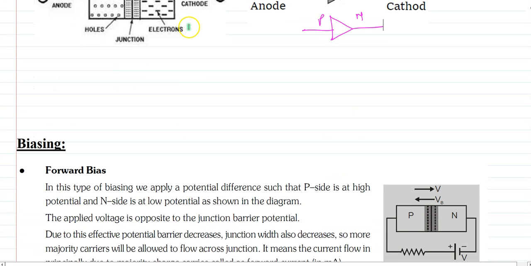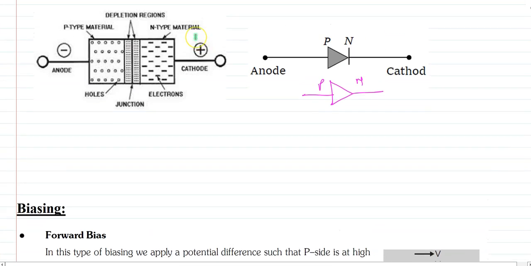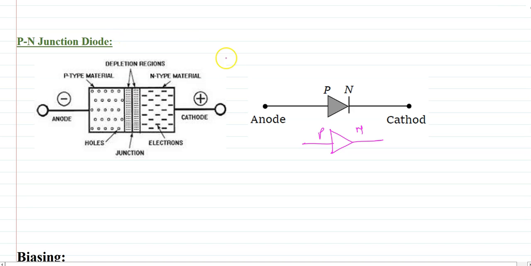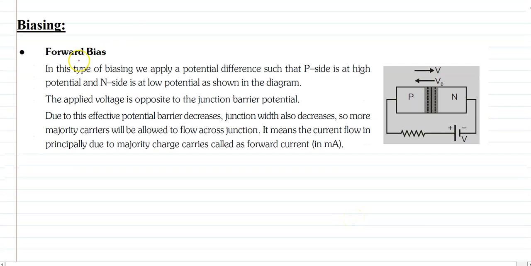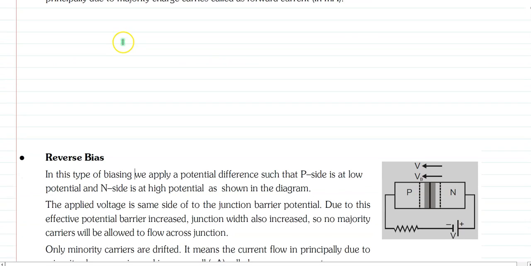Okay, p-n junction. Now biasing means we have to use this p-n diode for different purposes. That's why it is called biasing. There are two types of biasing: one is forward biasing, another is reverse biasing.